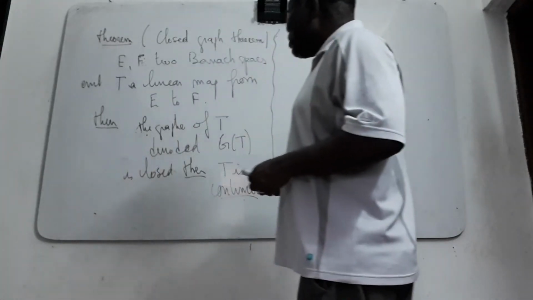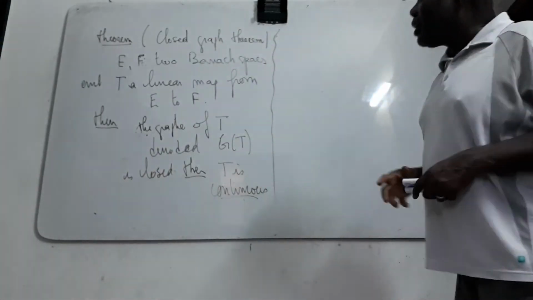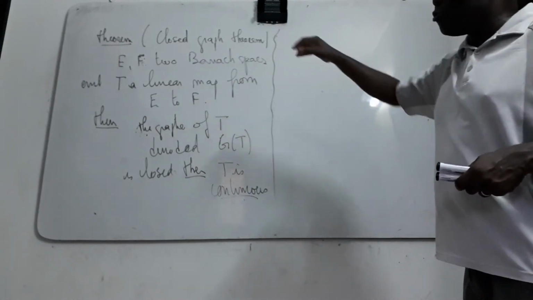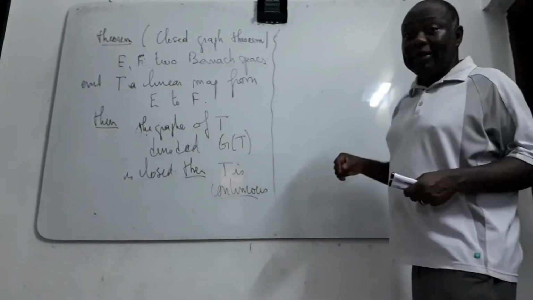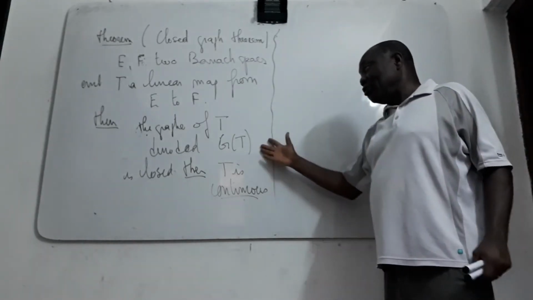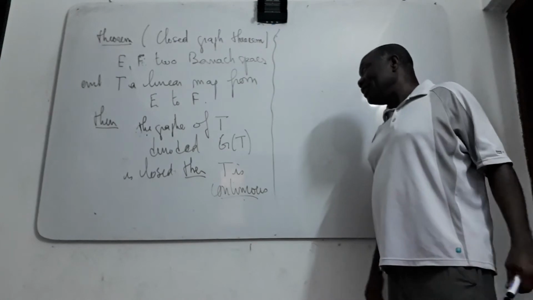Very simple. The closed graph theorem says that when you have two Banach spaces and T is linear from E to F, if the graph is closed, then T is continuous.